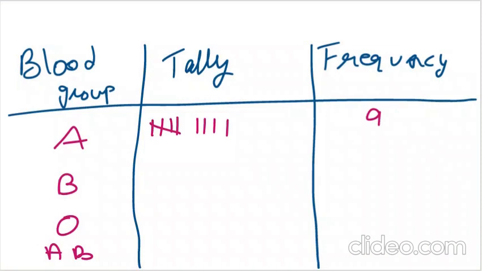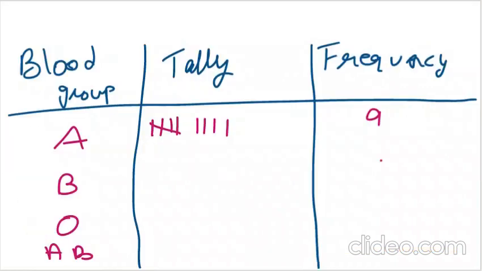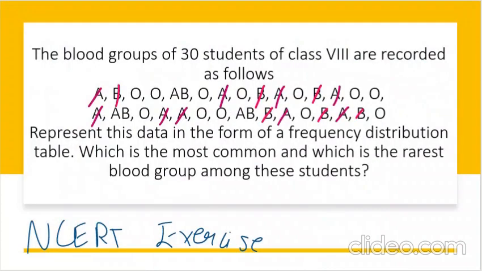Done. Now, second one, B. How many B are there? 1, 2, 3, 4, 5, 6. So 6 is the frequency for B. Now O. How many O are there? 1, 2, 3, 4, 5, 6, 7, 8, 9, 10, 11, 12.